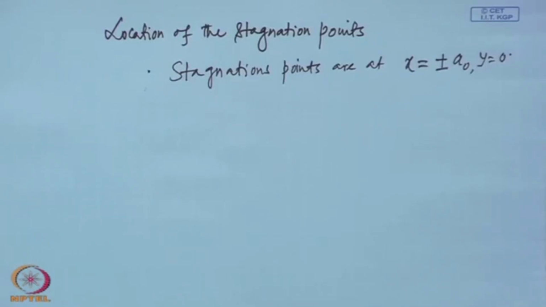And this will be required to find that L. Look again, if you have the oval with you, you know what is this a 0. That a 0 is known to you. What is not known to you is L. What should be the separation of source and sink, that will give this flow. So, that can be obtained from here. This will give a relationship between a 0 and L, and since a 0 is known to you, the oval will be known to you.